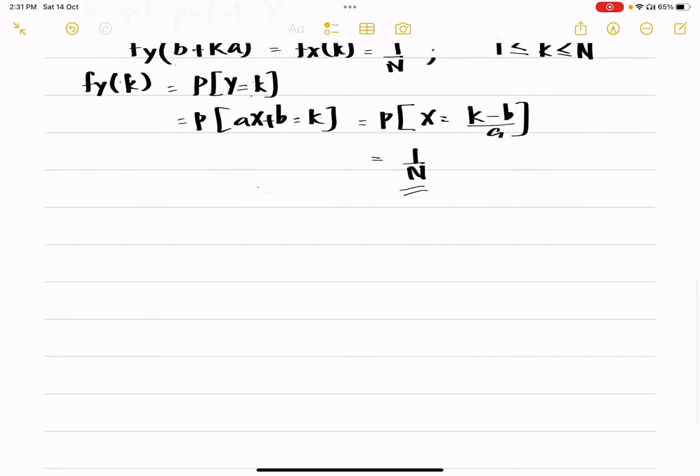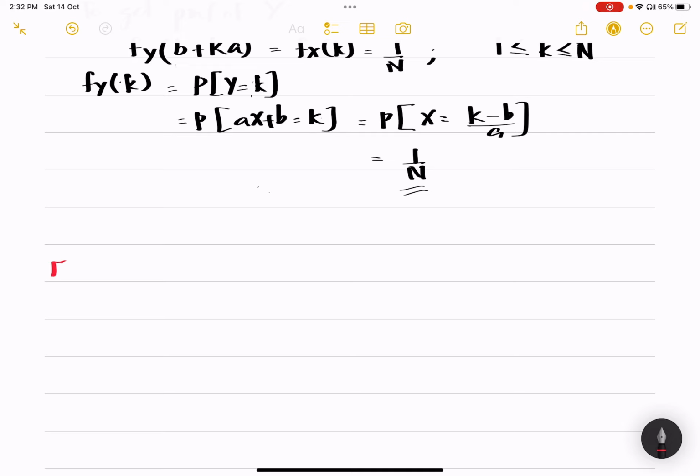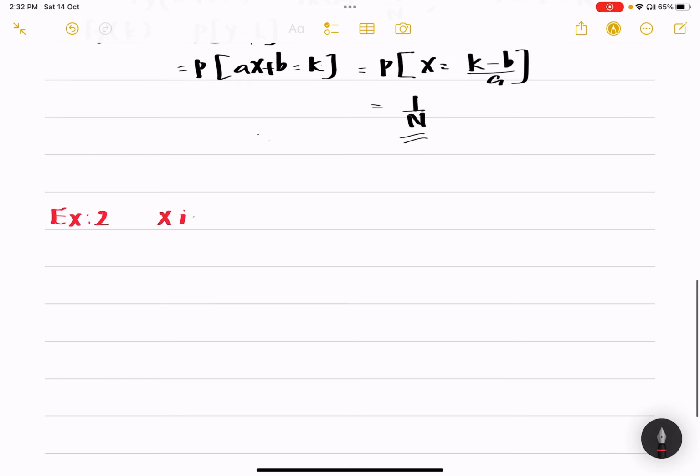Now let's take another example, where x is geometric. Let me use another color for this. So let's take another example where x is geometric and y is equal to x minus 1.